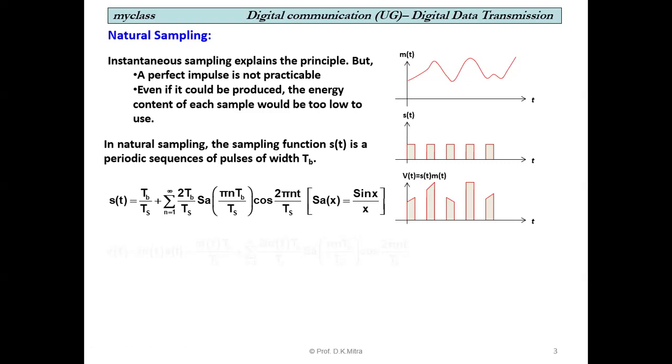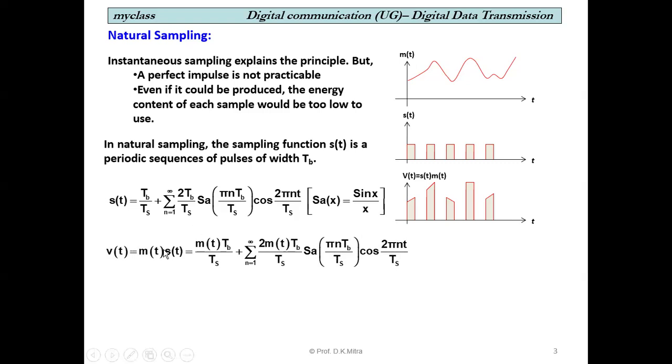That means there will be a DC component, and there are an infinite number of cosine components of various frequencies, and the amplitude of those frequencies will gradually die down. The amplitude of the first harmonic will be very high, second harmonic will be low, third harmonic still lower, like that.